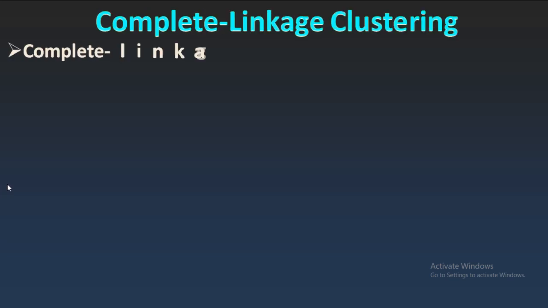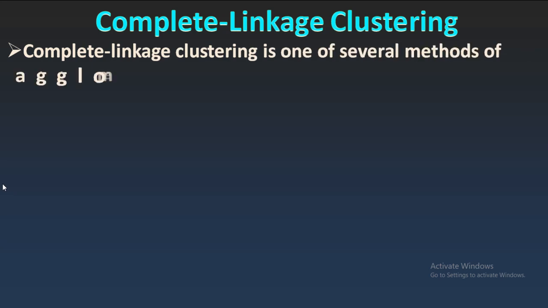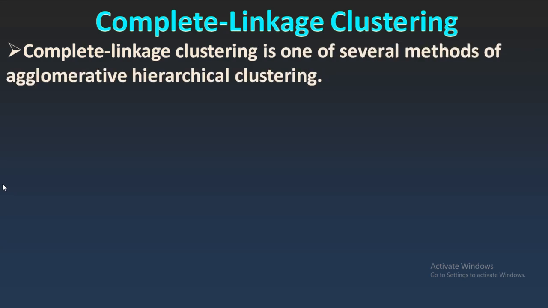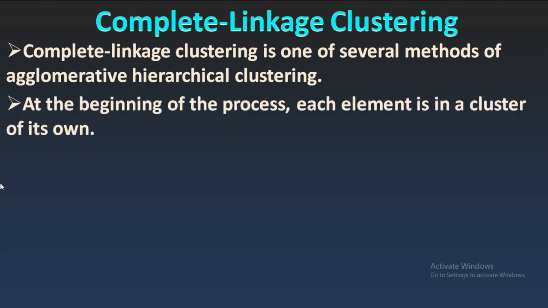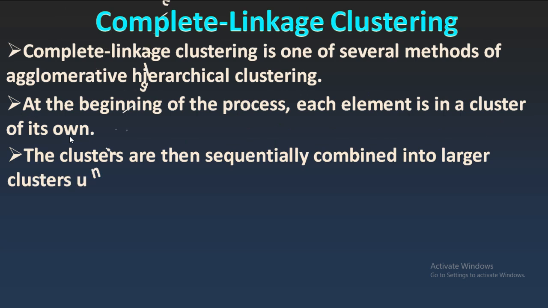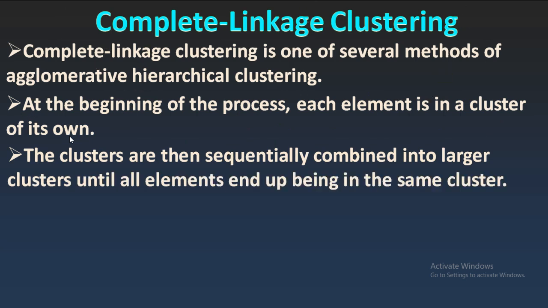Now, my dear viewers, we will see what is complete linkage clustering. Complete linkage clustering is one of several methods of agglomerative hierarchical clustering. At the beginning of the process, each element is in a cluster of its own. The clusters are then sequentially combined into larger clusters until all elements end up being in the same cluster.